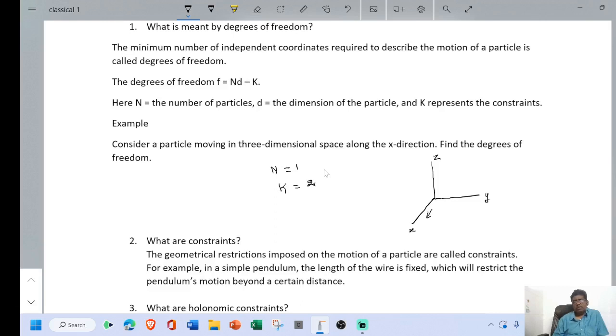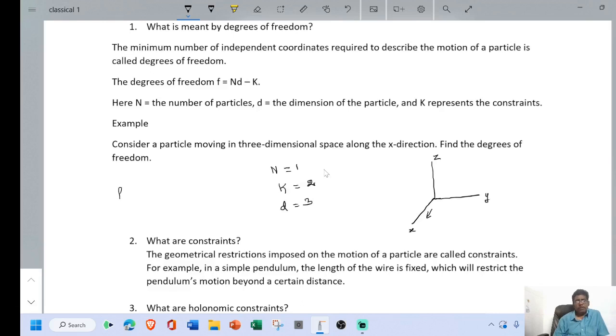Total number of coordinates present is 3, but the particle is eligible to move along the x direction alone. So the remaining two directions are constrained, not allowed. Therefore, k equal to 2. Then the dimension is 3. The total dimension present here is x, y, z.